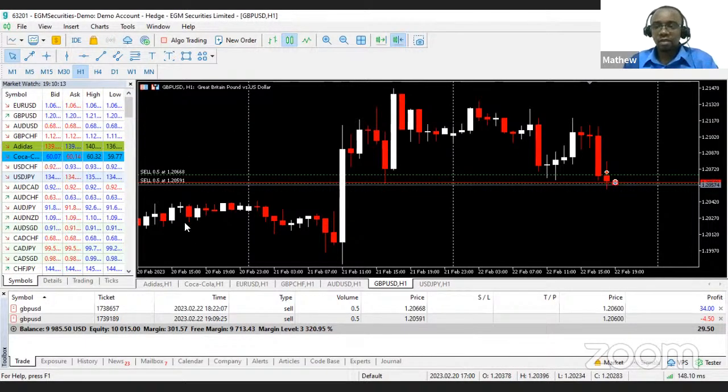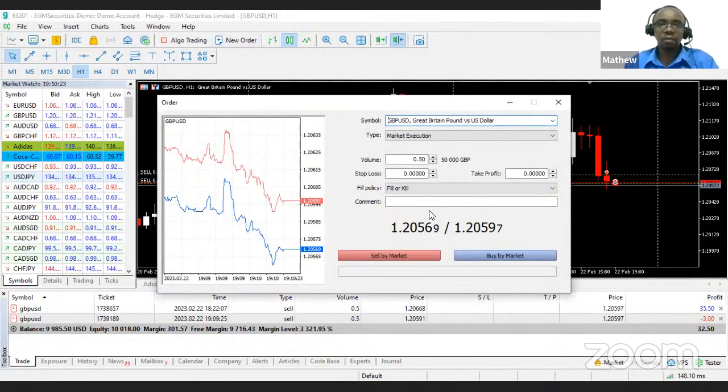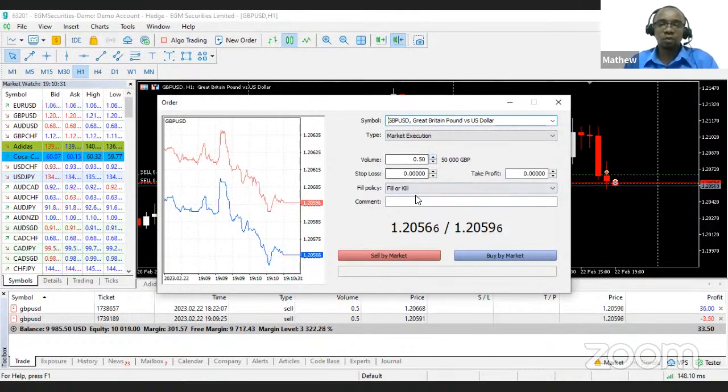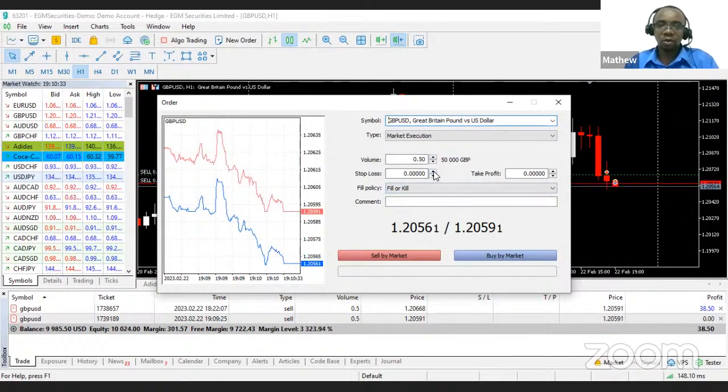Now, in this trade, let's assume we already have a sell trade over here. I said one of the ways is having a new order where you'll come in, set out these parameters, say, you know what, I want to buy GBP USD at current market execution. So volume that, set out the stop loss.